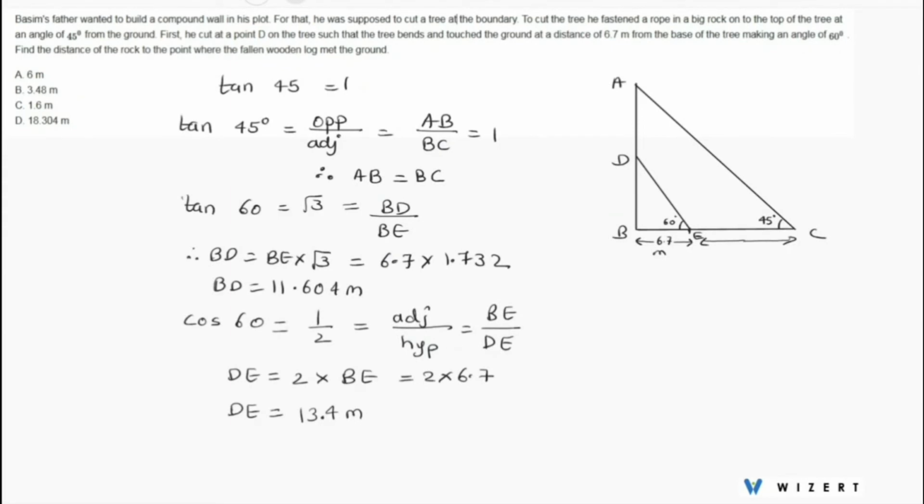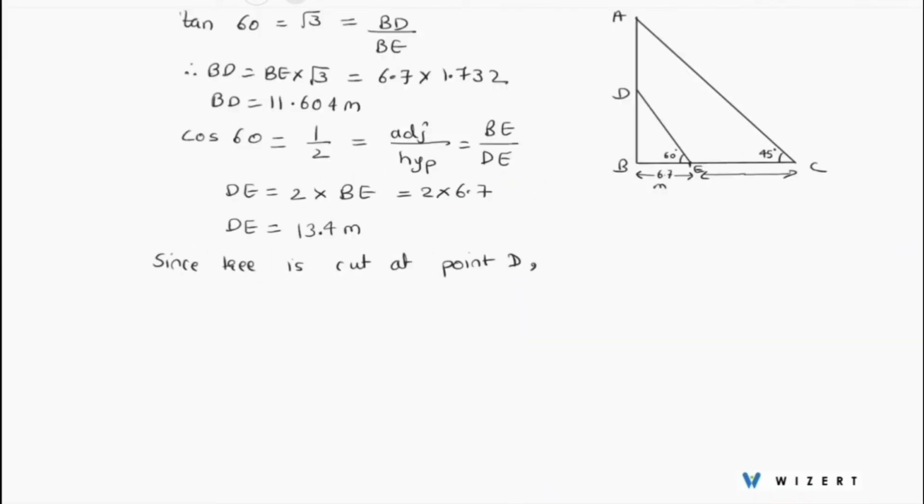Now from the diagram we know that since the tree is cut at point D, BD plus DE is equal to the height of the tree, which is equal to AB.